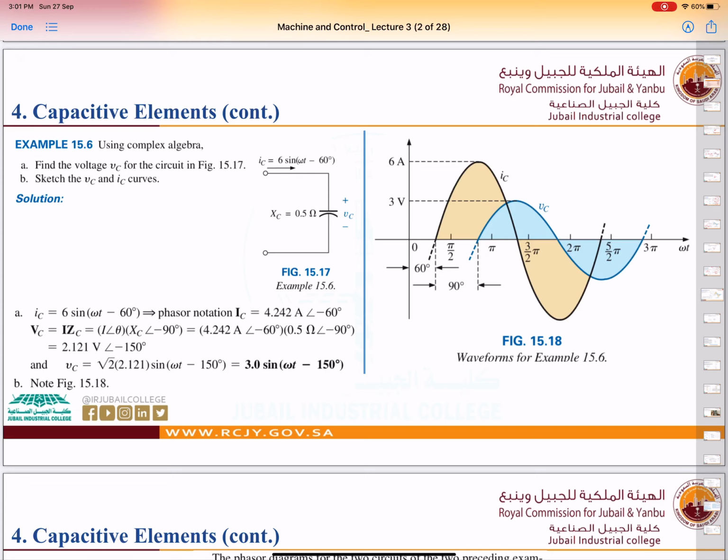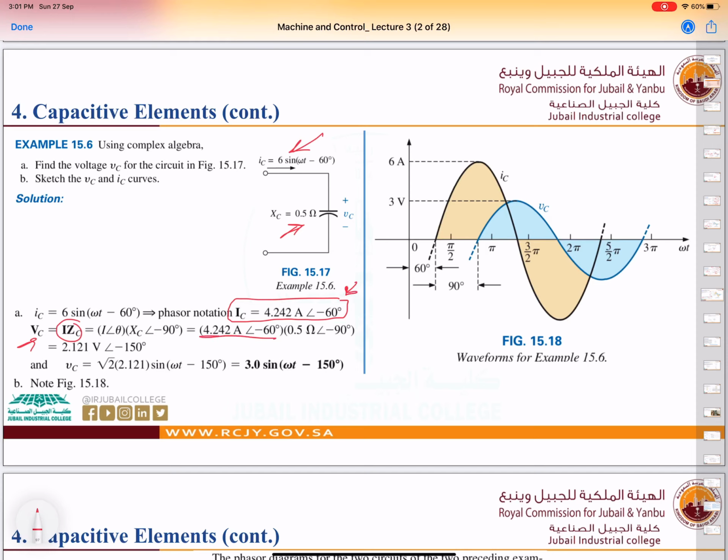Now, we have the current, we have XC. Now we need to find the voltage. This is the same procedure for all the examples. Now, voltage is, by Ohm's law, I times ZC. I, we already know, is with minus 60.